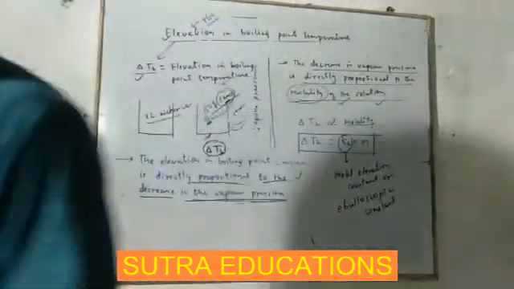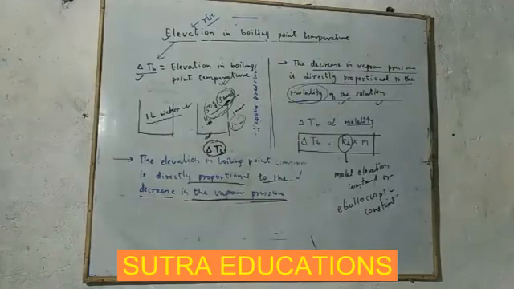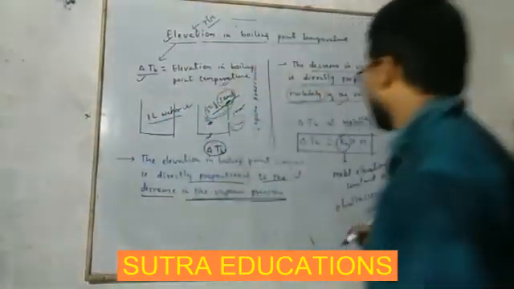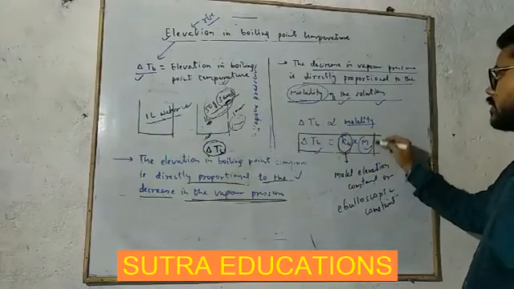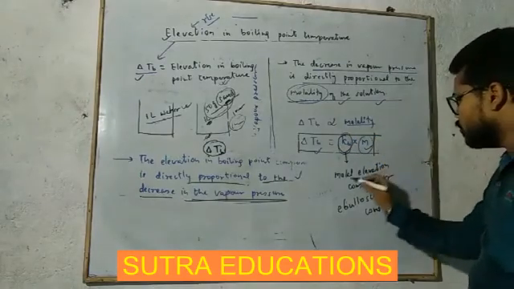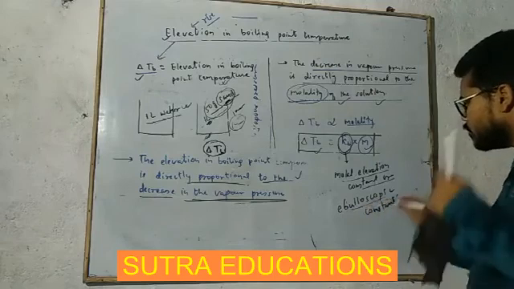Getting this or not? So delta Tb is equal to Kb into m, where Kb is the molal elevation constant or ebullioscopic constant.